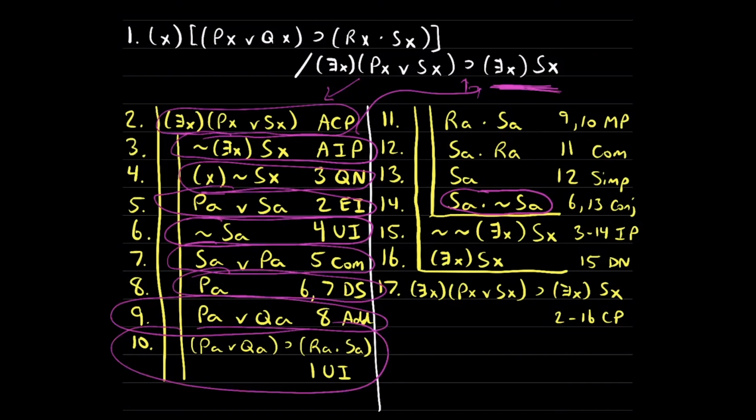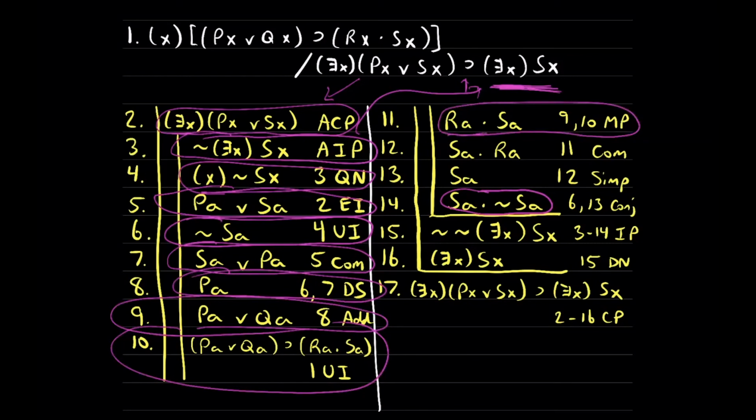I took the universal statement in line 1, instantiated it with the same lowercase constant a, and I did that addition step on line 9 so I would have the antecedent to that conditional on line number 10. That will let me do a modus ponens step because I have the antecedent of that conditional, so that will give me Ra and Sa by modus ponens right here on line 11, on the top right part of the screen.